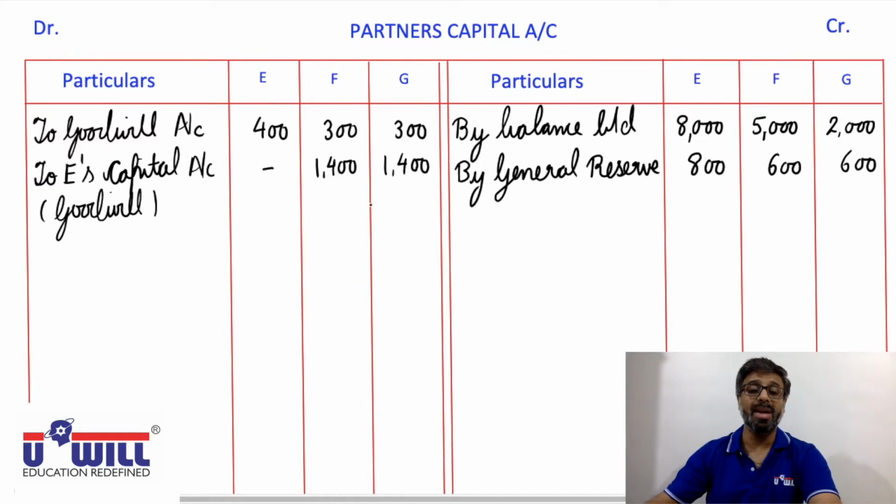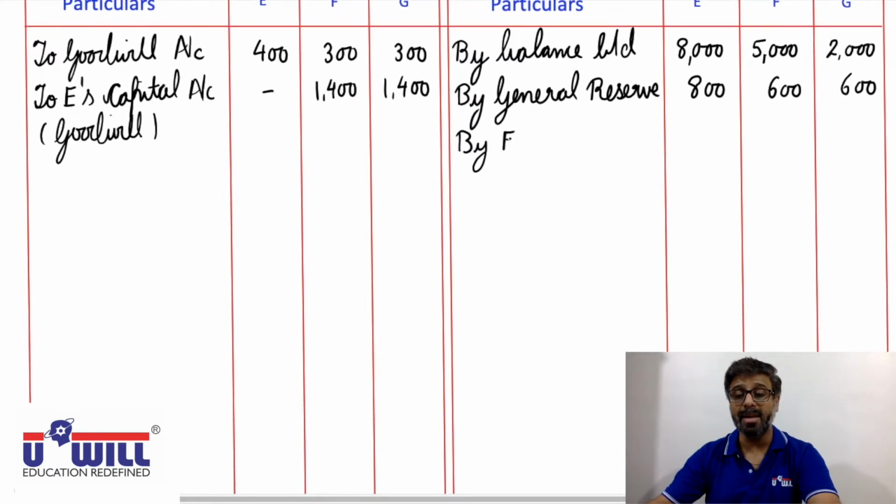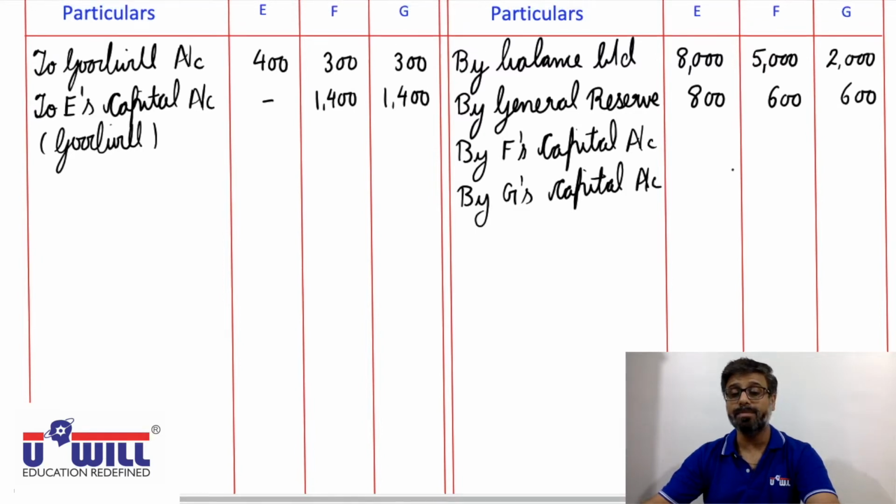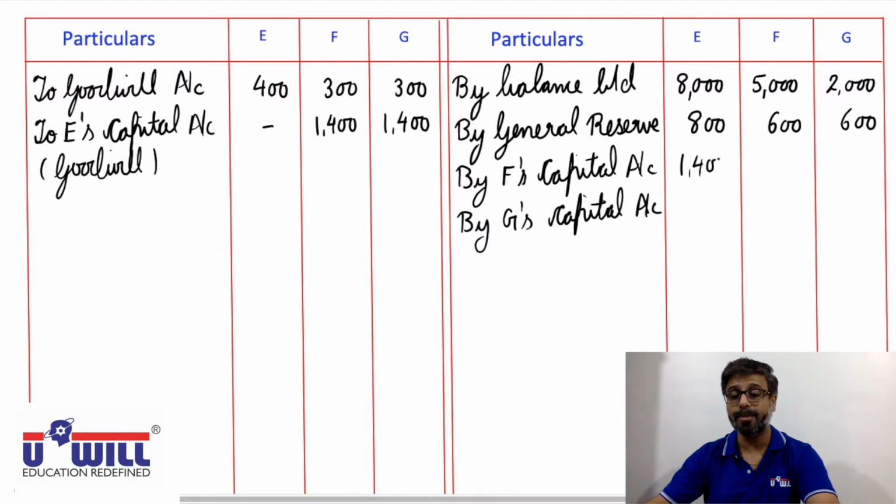Now to E's capital account, means in the partners' capital account credit side, opposite accounts by F's capital account and also by G's capital account. Amount will come in E's column 1400, 1400. Again in bracket you can mention goodwill.